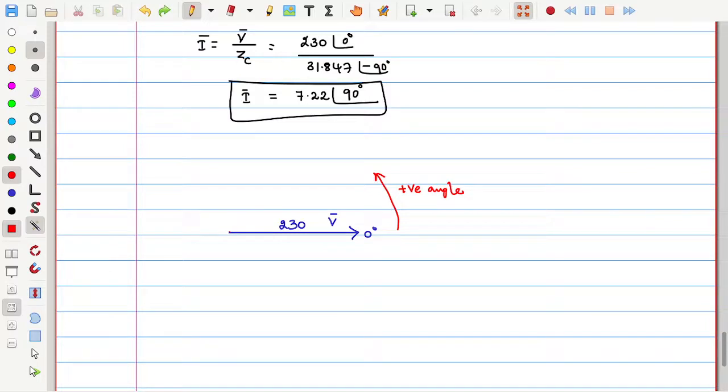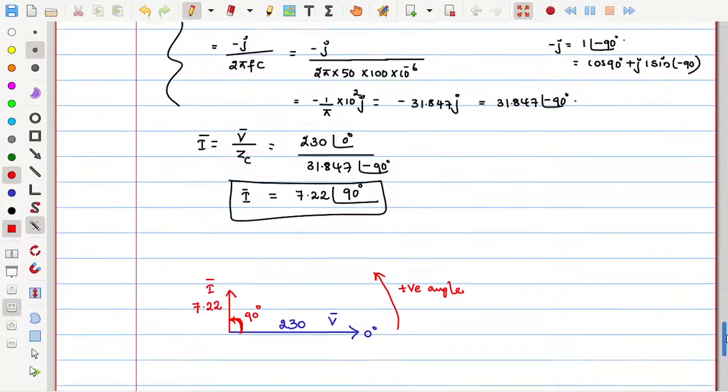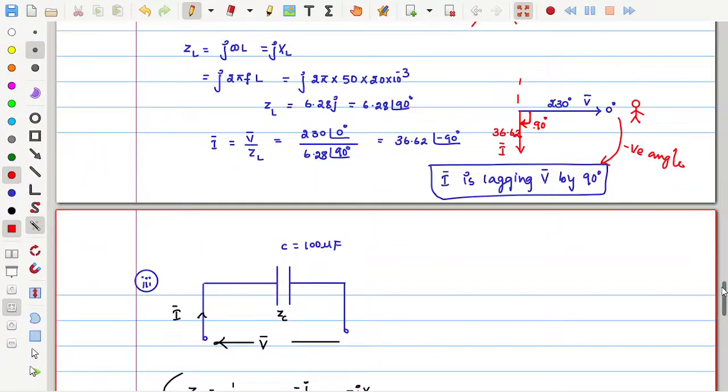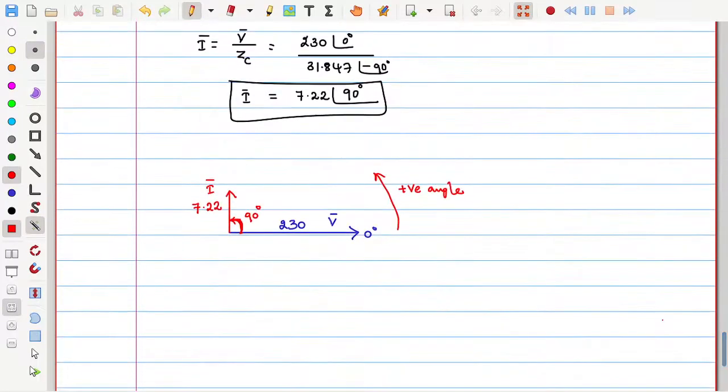This angle should be exactly 90 degrees, and this is the current phasor. See, this counterclockwise arrow represents positiveness, so you need not say plus 90. In the case of an inductor, the clockwise direction itself will represent negativeness. So now you can see that the current is leading the voltage by 90 degrees in the case of a capacitor.